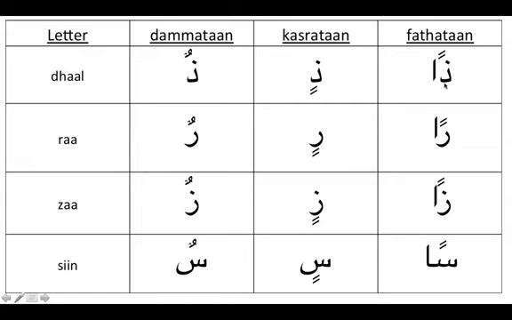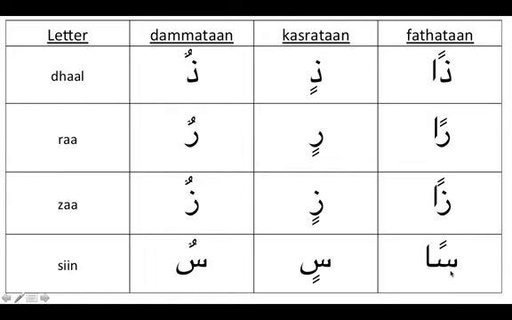Zal fathatan dhan, zal kasratan dhin, zal dhammatan dhun. Ra fathatan ran, ra kasratan rin, ra dhammatan run. Za fathatan zan, za kasratan zin, za dhammatan zun.